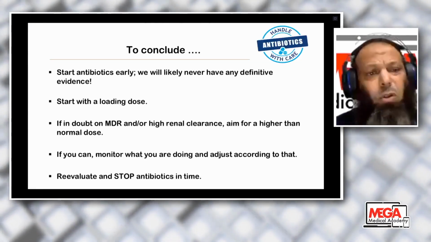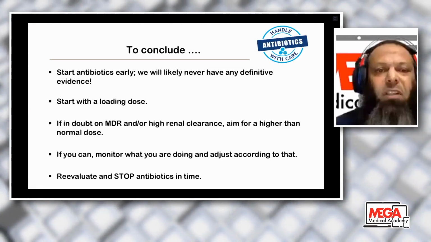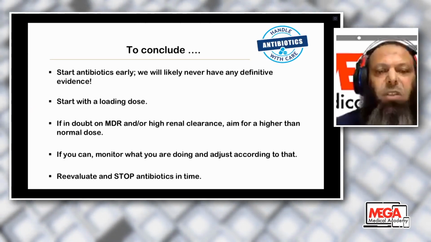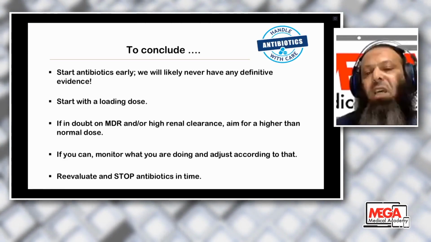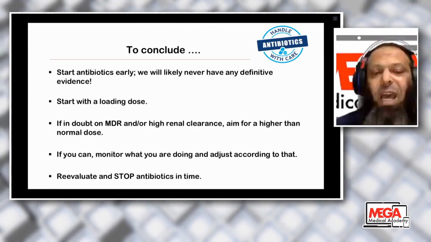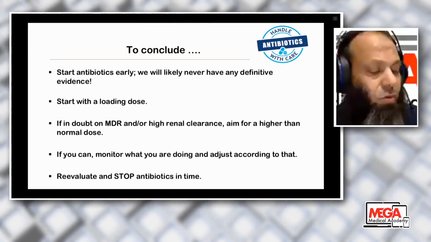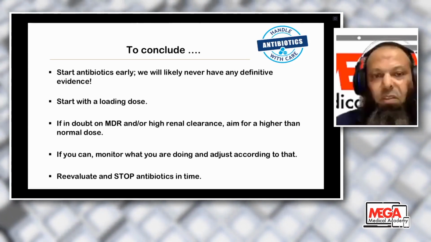So to conclude with this: start antibiotics early. We likely will never have definitive evidence. Start with a loading dose. If no doubt on MDROs, or with high or normal renal clearance, aim for a higher than normal dose. If you can, monitor what you are doing, which is very important, and adjust accordingly. Evaluate and stop antibiotics on time.